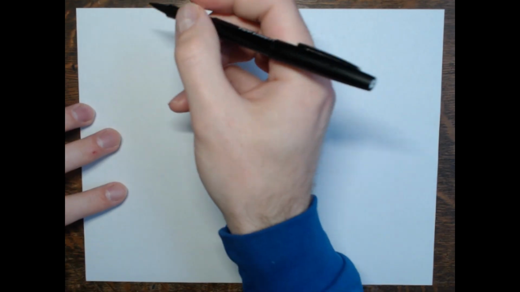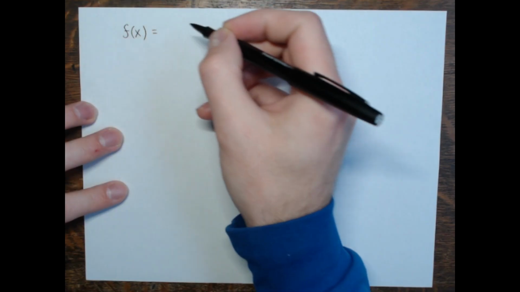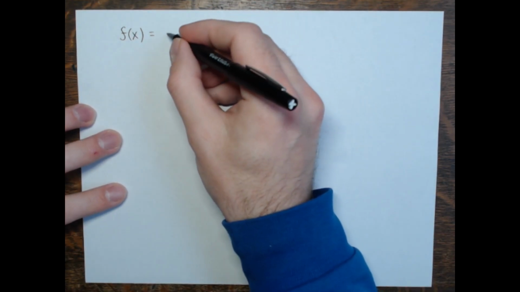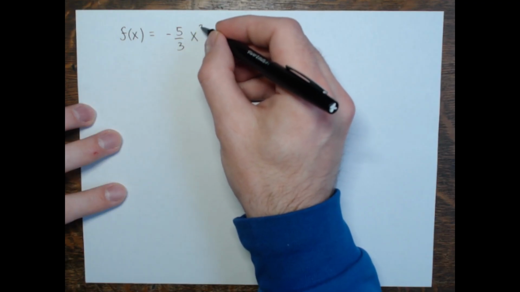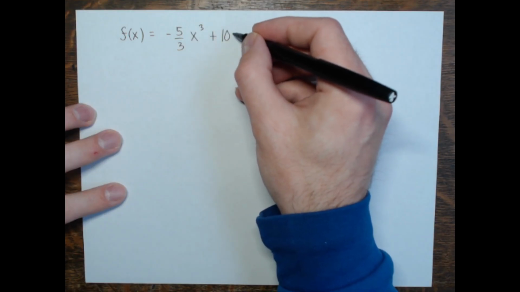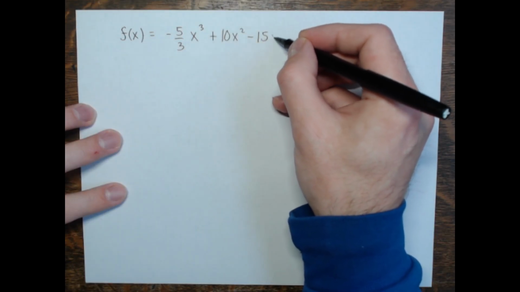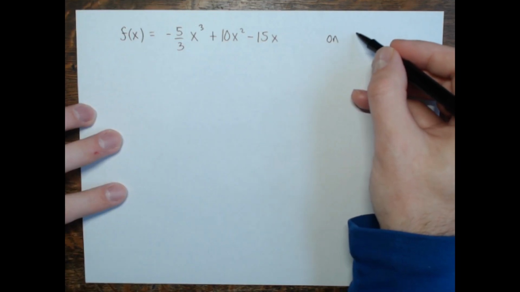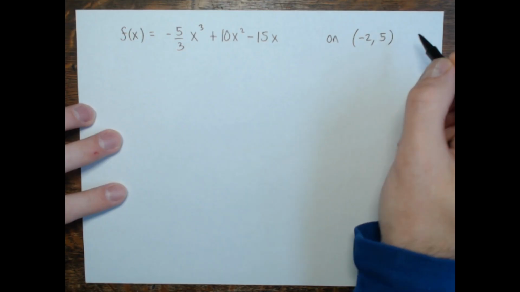Here's what we're given: negative 5/3 times x cubed plus 10x squared minus 15x, but we're only going to focus on the interval between negative 2 and positive 5.